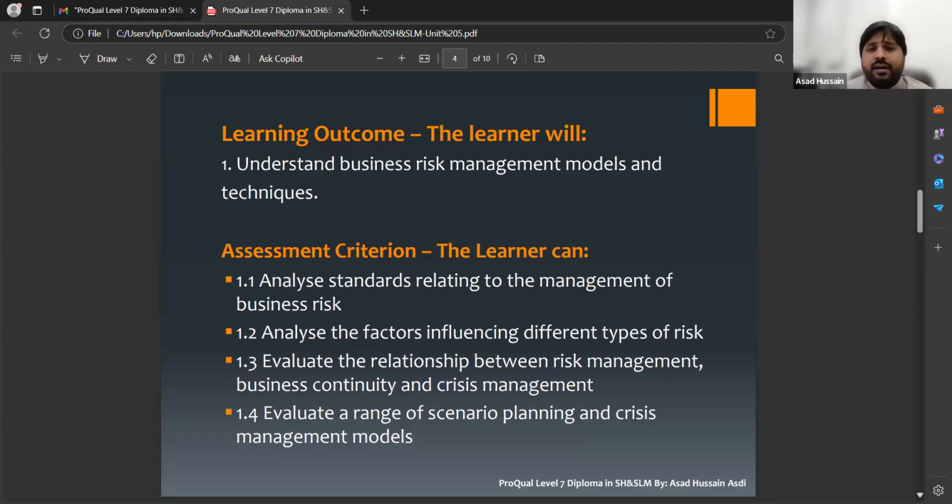So they have to give narration on that, and they can produce any evidence confirming that their organization has a business risk management model or system, or they can give evidence that their organization has implemented ISO 31001 or COSO ERM.